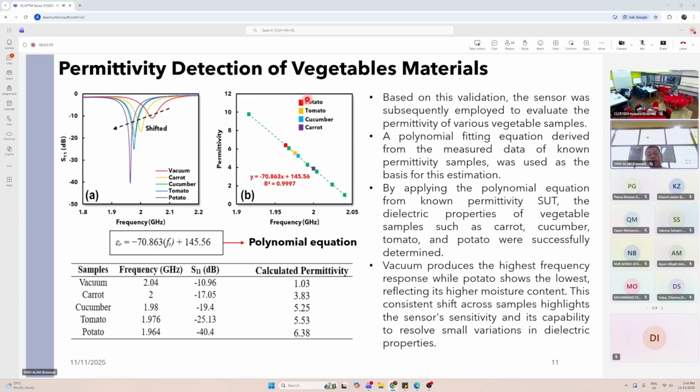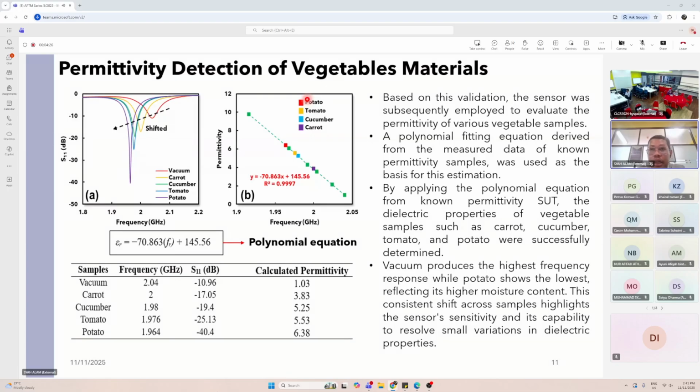Okay. Thank you, Prof. In this research, we only calculate the real permittivity, because we use the polynomial equation based on materials with known permittivity. We don't observe in more detail the conductivity. So maybe in future work, we will explore the conductivity in more detail.